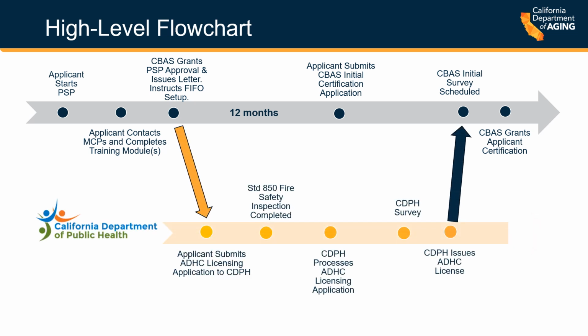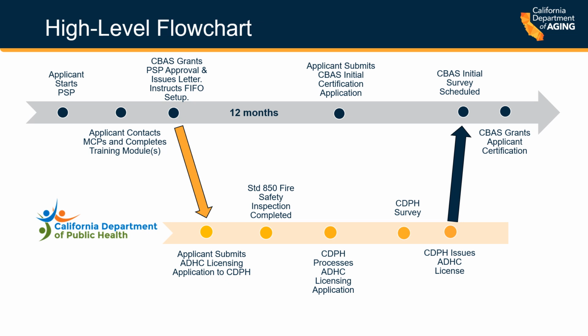Now, let's look at the steps you will take with CDPH for your ADHC licensing application. Overlaps with the CBAS certification steps. Again, once you receive the PSP approval letter, you can then submit your ADHC licensing application to CDPH. They will review the application packet for completeness and process the standard 850 to request the fire safety inspection.